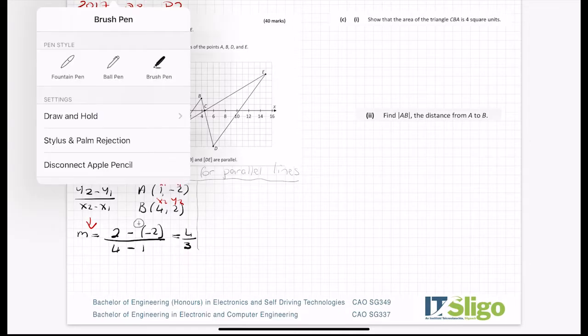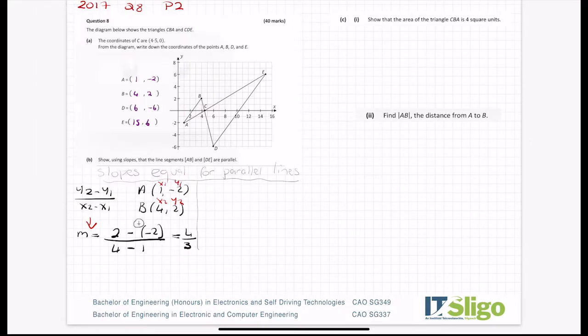I like that because when I look at A and B from left to right, it's going up a hill. So I would expect it to be a positive slope. Okay, let's have a look now at DE. So D is the point 6, -6. E is the point 15, 6. Let's label them x1, y1, x2, y2. Okay, and let's sub them into the exact same formula again, the formula for slope.